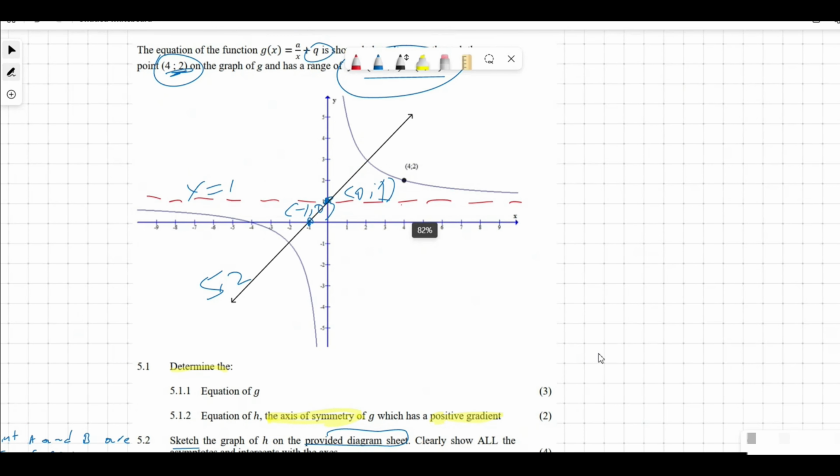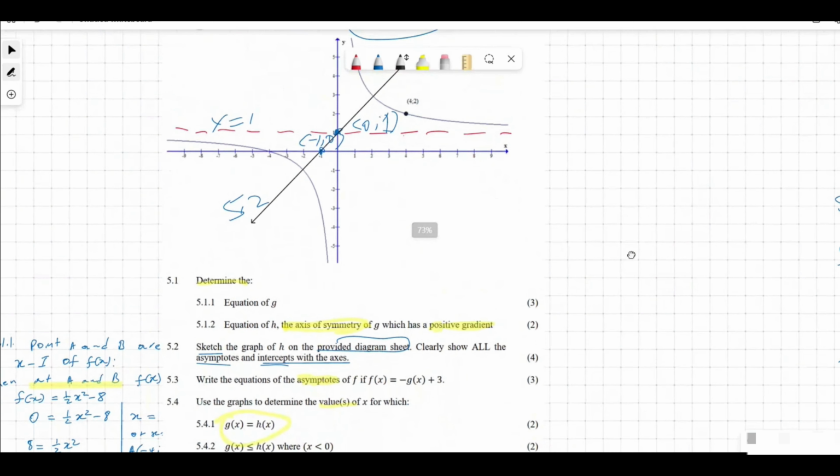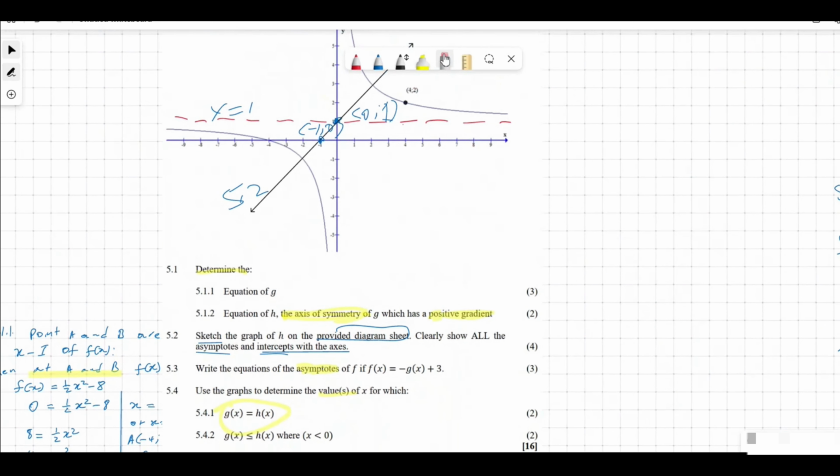Do you have our notes? Remember we said h of x is the axis of symmetry. H of x is the axis of symmetry.